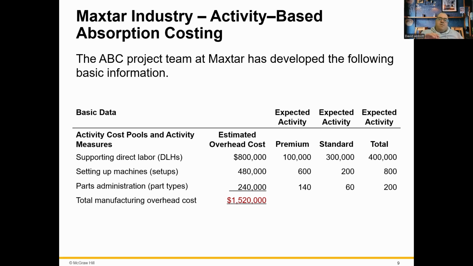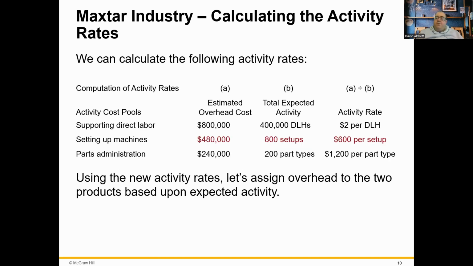So one would be supporting direct labor hours. And then you also have the number of machine setups, and also parts administration. So you're going to break it down based upon each activity, and then that's how you're going to be able to do it.